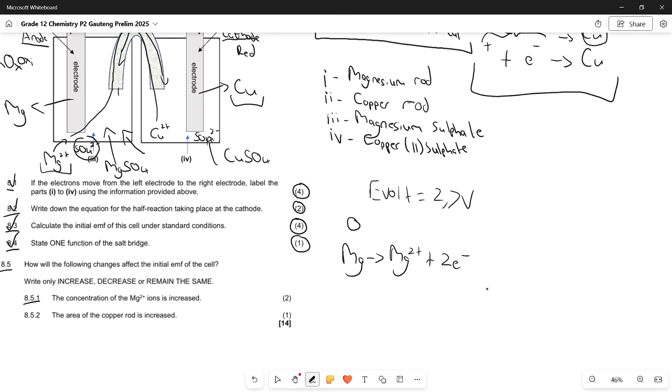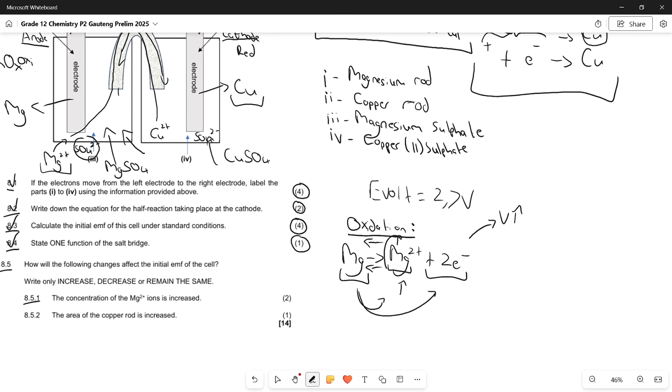And considering we have oxidation, which is the loss of electrons over here, and we want to lose electrons so that the voltage can then increase, if we have increased the Mg2+, imagine this was a two-way arrow, it would slow down the oxidation process, because if we have increased that side, it would favor the reverse reaction. Or another way of putting it is that there would be less of a tendency for this Mg to break down into Mg2+ and 2e-.